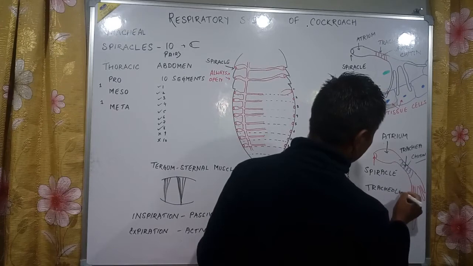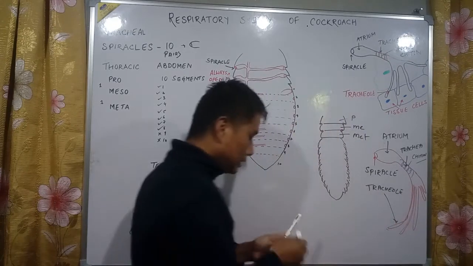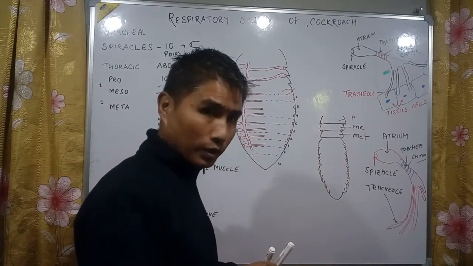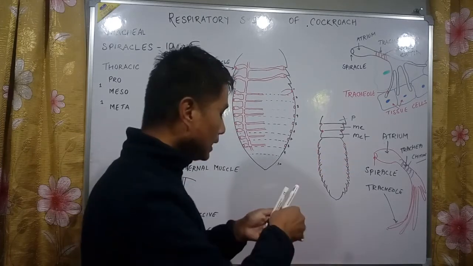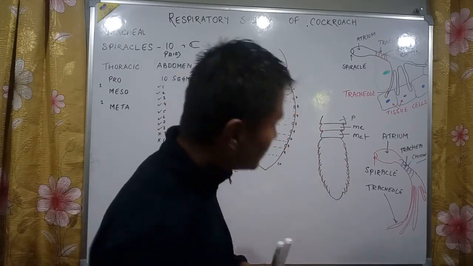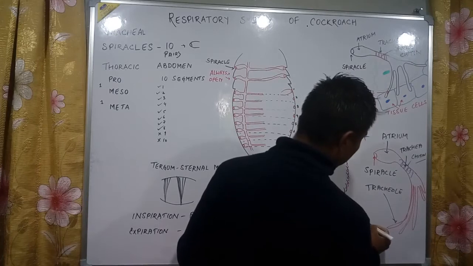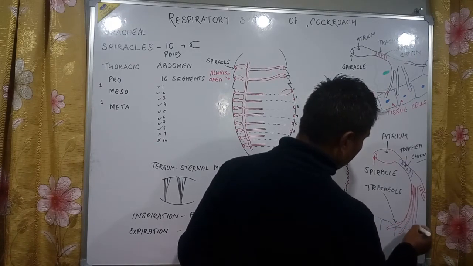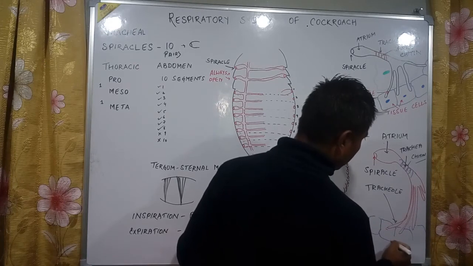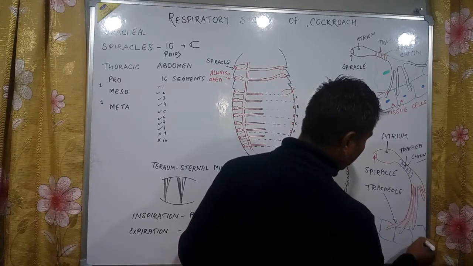Tracheole. And these tracheole are very thin, and they are without chitin, and they embed themselves in the tissue cells. Suppose these are tissue cells, muscle cells.